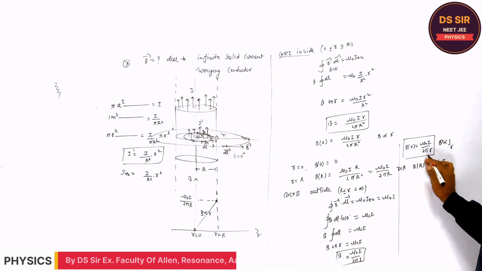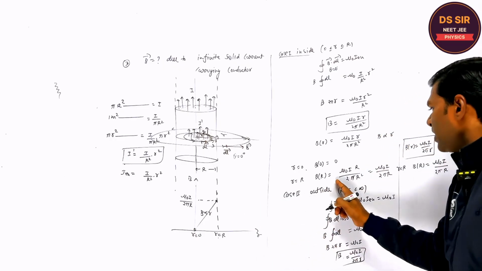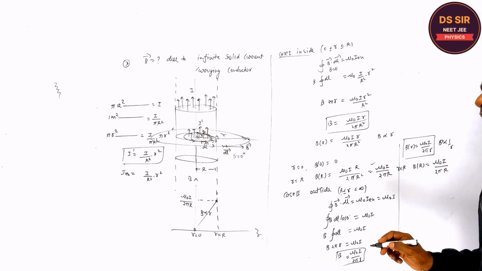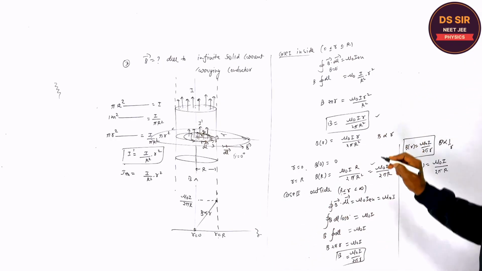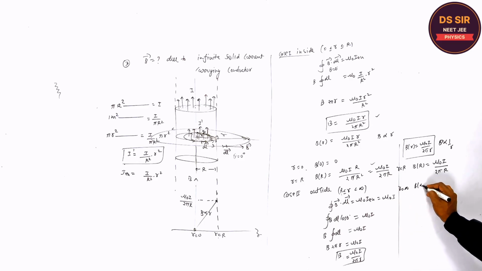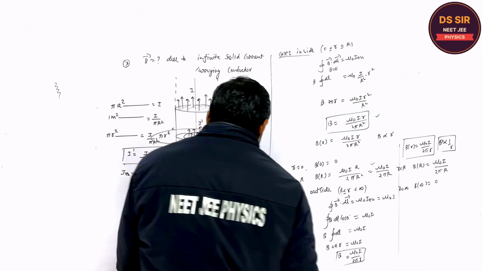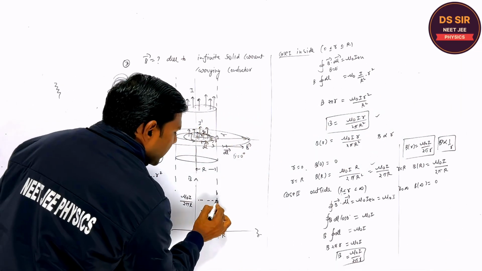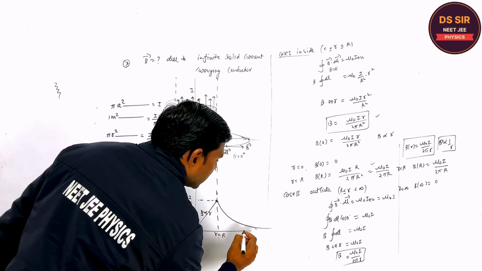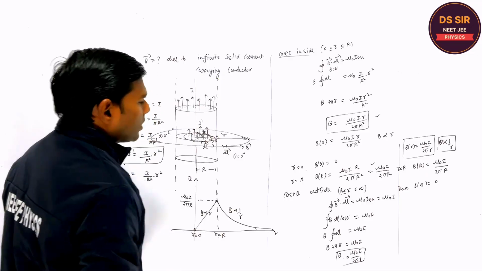Mu naught I upon 2 pi capital R, which is the same as we found with the help of the internal magnetic field expression. And as r tends to infinity, 1 upon infinity becomes 0, and B varies inversely proportional to r. So outside, the magnetic field varies like this. Is it clear or not? And this is inversely proportional to r, right?